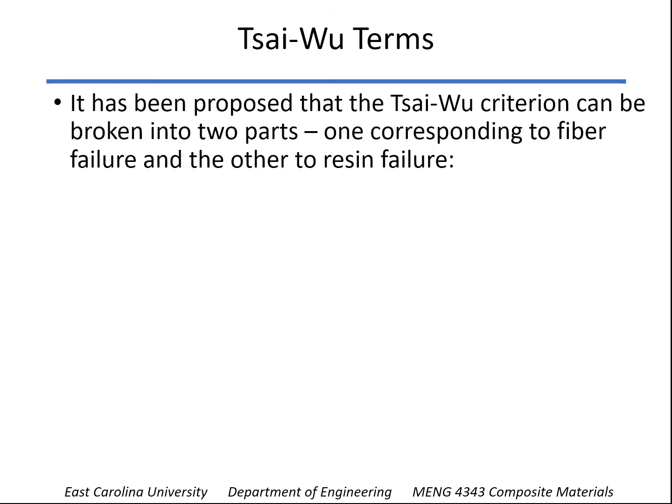Now, the Tsai-Wu criterion, remember, is just a single interactive criterion, but it's been proposed that you can actually look at it as being 2 criteria, one for fiber failure and one for resin failure.